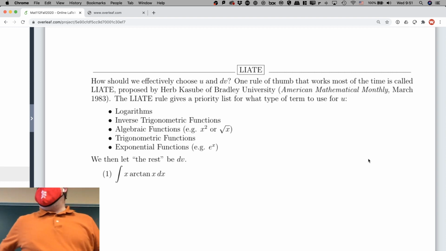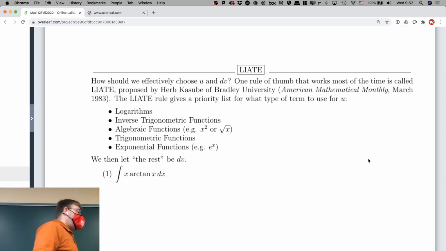Okay, so this rule of thumb is, like I said, a rule of thumb. It's not 100% effective. There are examples where this doesn't help you. We'll actually look at one next time where deliberately doing something else is a better approach.